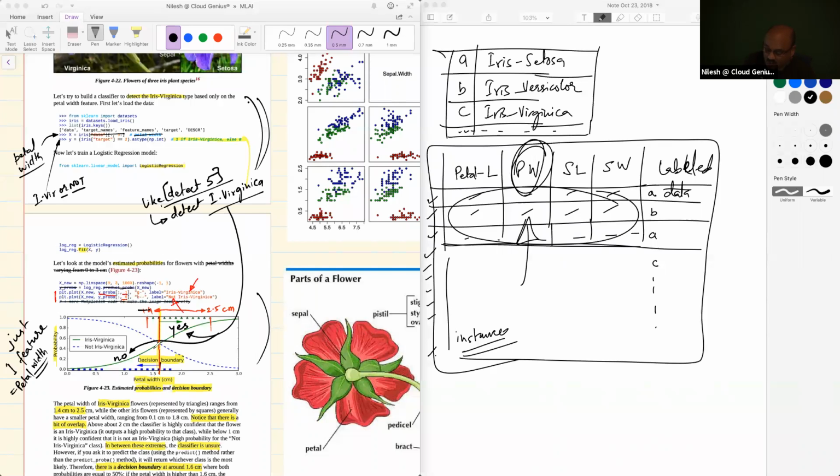If it is less than this threshold number, then in that direction it will be not Virginica, and in that direction it will be yes Virginica. That's how the probability calculations are estimated based on the data set available for only this one feature, and the labeled values we have, either a 0 or a 1 based on whether it is that particular flower or not.